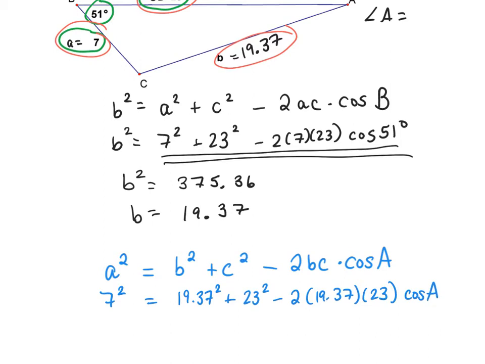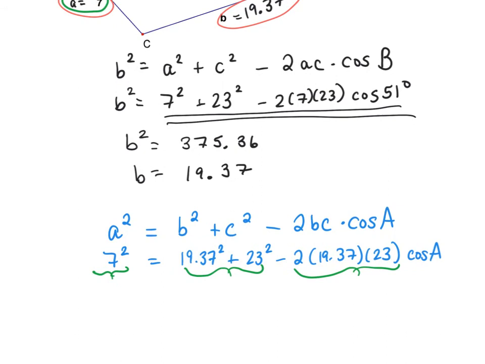Now how this typically works, we typically do this in three parts. We're going to have the little square on this side. We're going to have these two squares that are added together, and then we're going to have these numbers that are multiplied. So I'll first look at 7 squared. 7 squared is 49.